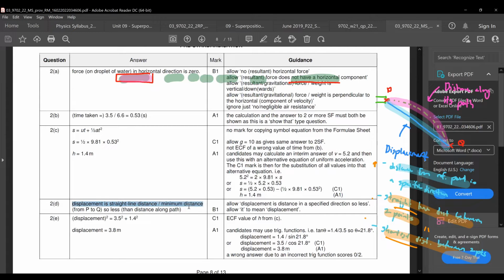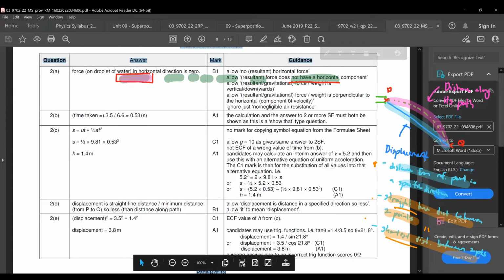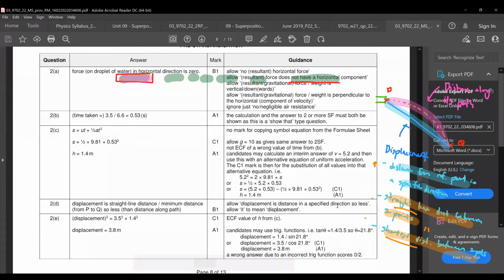Displacement is the straight line distance or minimum distance from P to Q, so it's less than the distance along the path. Now you see the guidance here, the notes for the examiner. They say if you say displacement is the distance in a specified direction, therefore less, then also allow it. This one relates to your first definition.